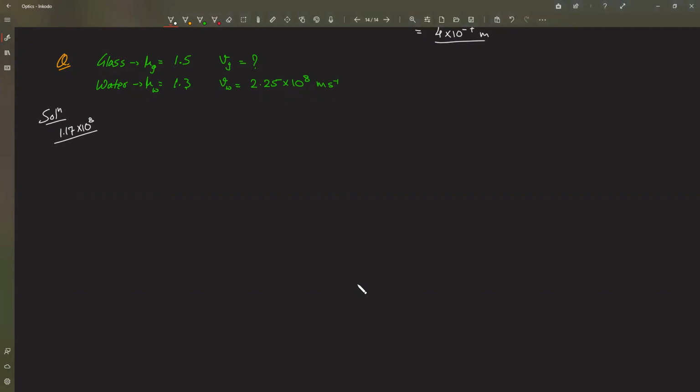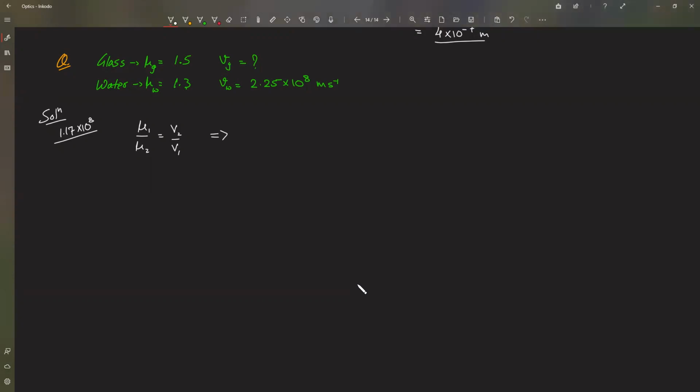Okay, let's see. Basically, mu1 divided by mu2 is V2 divided by V1. We know this, right? What I did was I took mu of water as x by velocity in water.